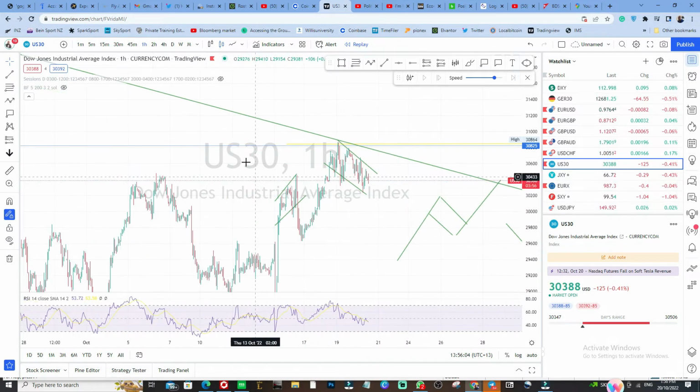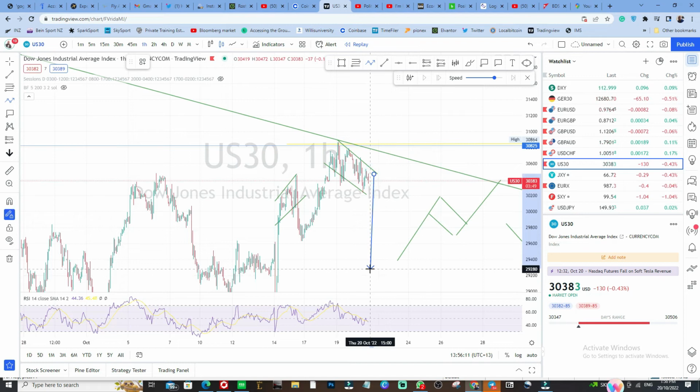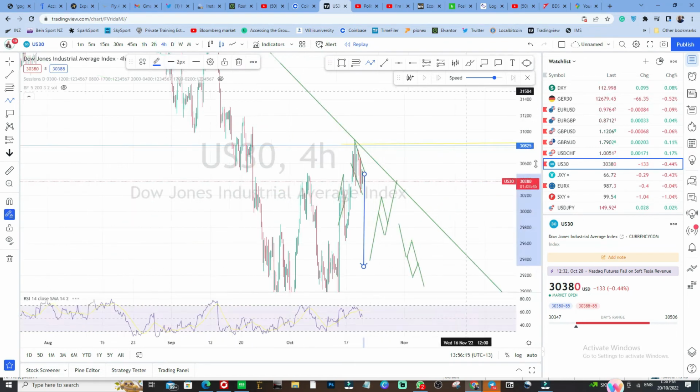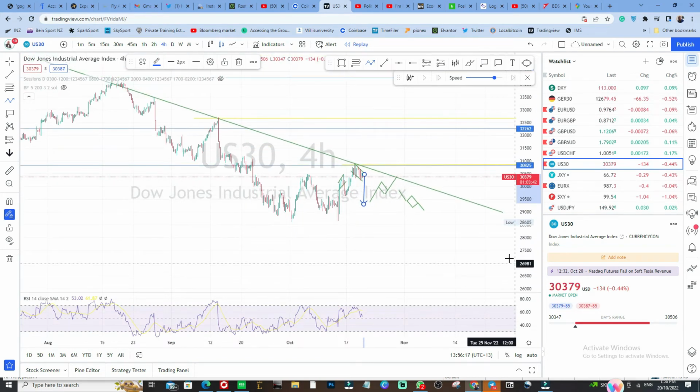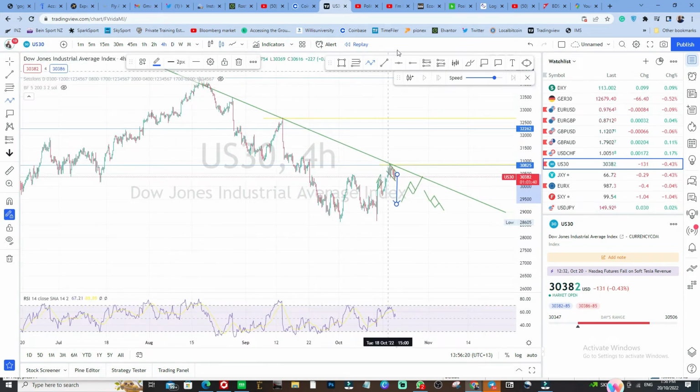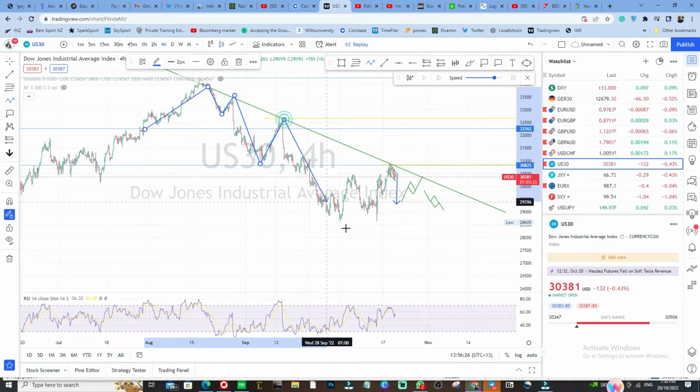Based on a higher time frame, I expect the market to push to the downside, because on the higher time frame it's making lower low, lower high, lower low, lower high, then lower low. But if it breaks past this point, then we'll be looking for a sell opportunity.